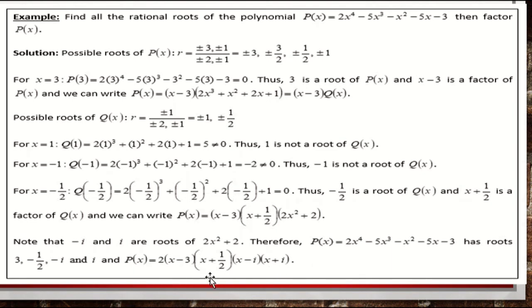The 2 is there because we factored 2x squared plus 2. Then the rest is x minus i times x plus i.